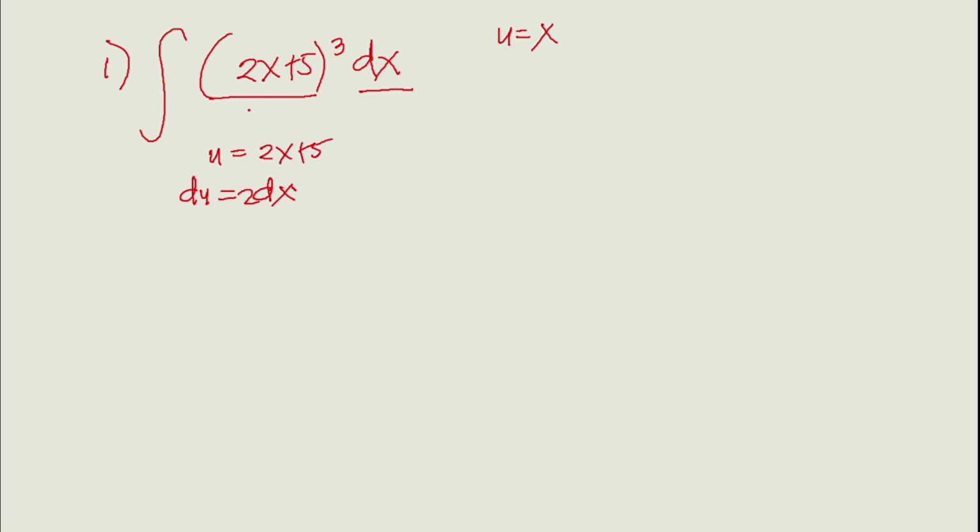Since we now have the value for 2x plus 5, which is our u, we need to find the value for our dx. Since we have 2 here, we could not put immediately that dx is du, because we have the 2 here. So we need an adjustment, what we call the neutralizing factor.